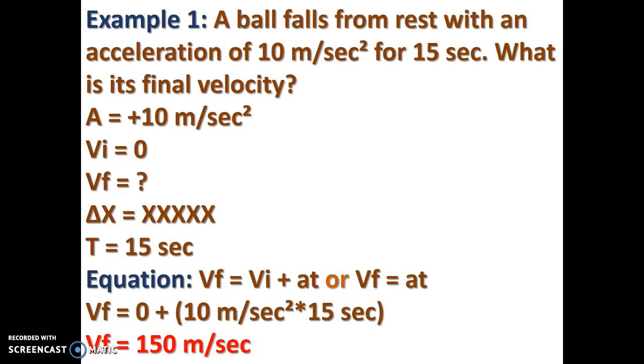Now, because we know the initial velocity is 0, when we write down the equation, we can just leave that initial velocity out because we know it's going to be 0. And so it's just Vf equals At. In the next step, we substitute in our numbers. So our acceleration is 10 meters per second squared times 15 seconds, and that gives us a final velocity of 150 meters per second.